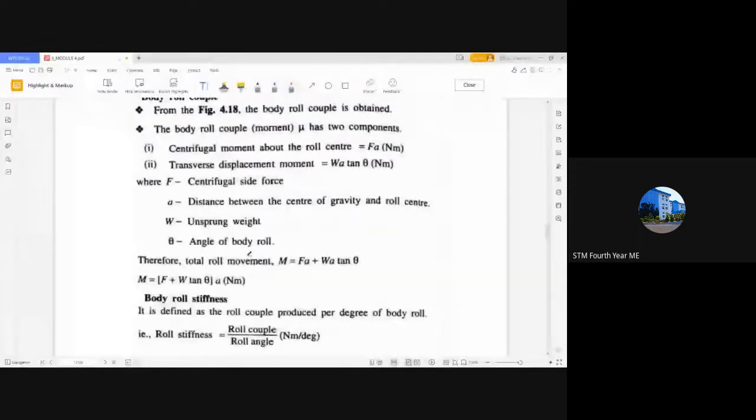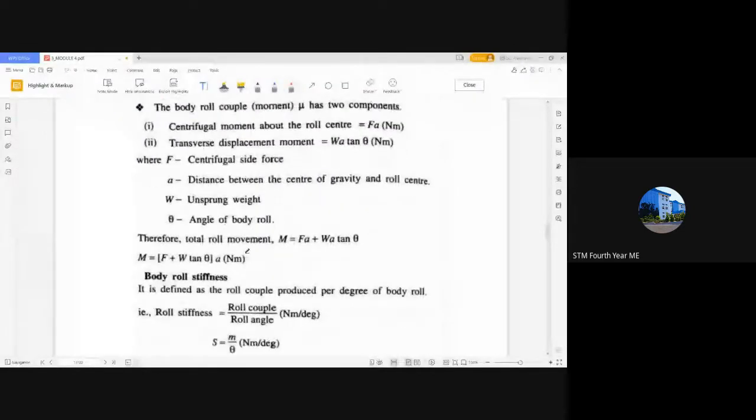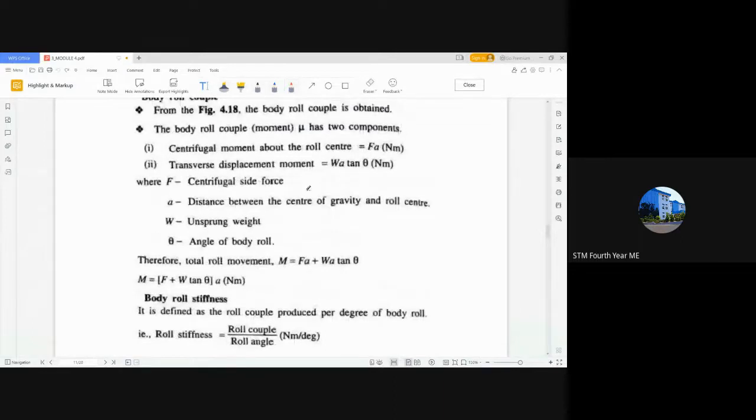Then write down M. Total roll moment is denoted by capital letter M, which is equal to, we know that centrifugal moment is equal to Fa, that is the Fa shown here, plus transverse displacement moment W a tan theta.